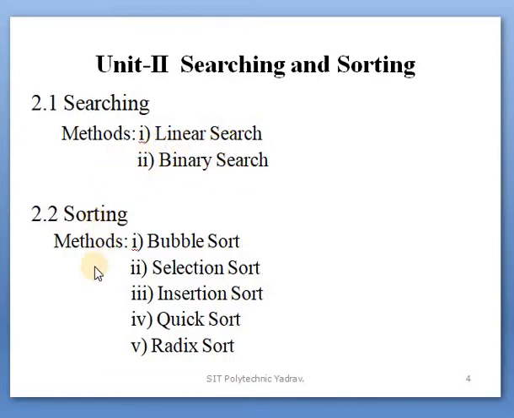In sorting the methods are: first bubble sort, second selection sort, third insertion sort, fourth quick sort, and fifth radix sort. So there are 5 and 2, total 7 methods studied in this unit number 2, searching and sorting. Unit number 2 is out of 12 marks and it is an easy chapter.